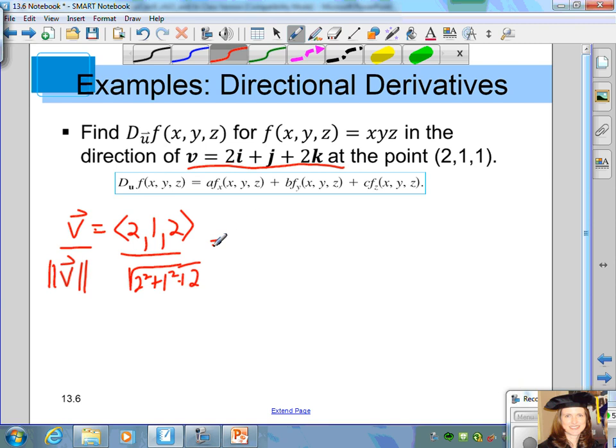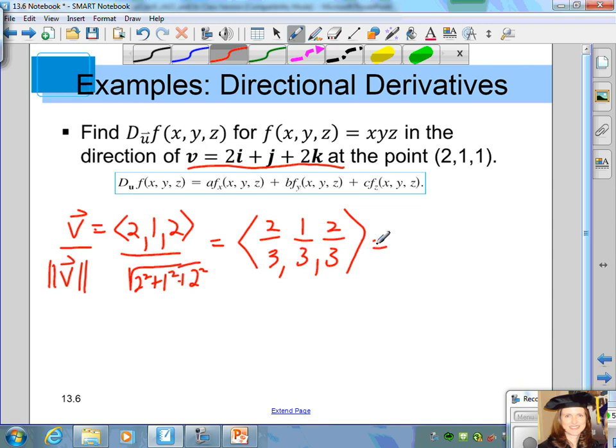And when you do that, in the denominator you get the square root of 9, which is 3. So we're going to divide each of those components by 3 to get our values for a, b, and c. So 2 divided by 3, 1 divided by 3, and 2 divided by 3.